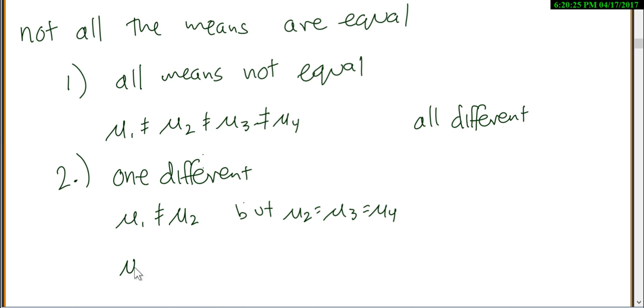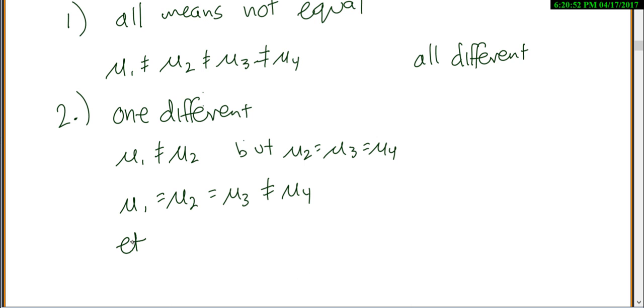Or you could have the first mean equal to the second mean, but that is not the same as the third and the fourth. Oh, that's written wrong. We have only one difference, so the second one could be equal to the third one, and that could be not equal to the fourth one, etc. So maybe just one is different from all the rest.